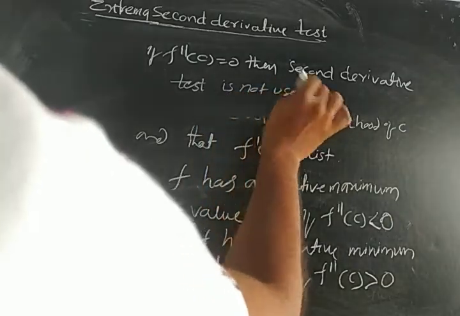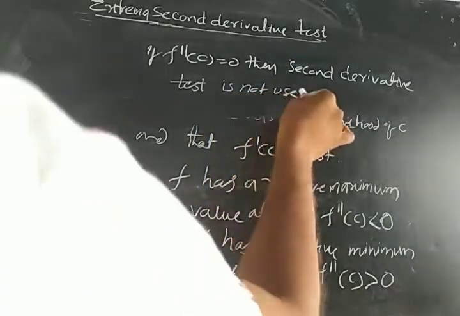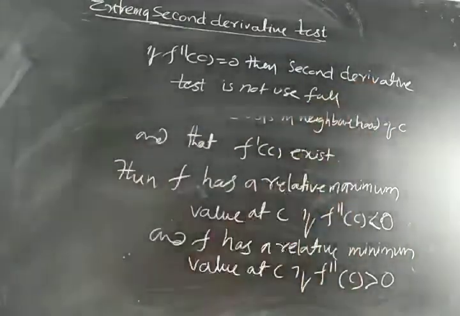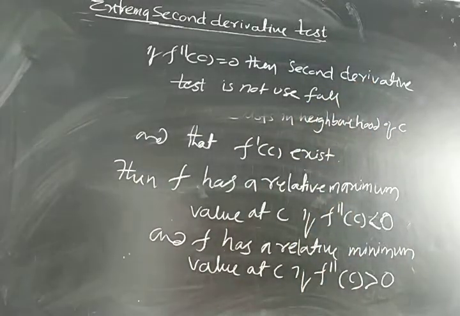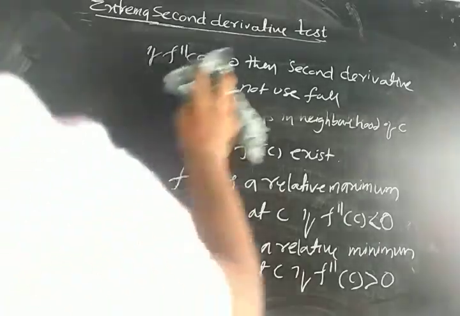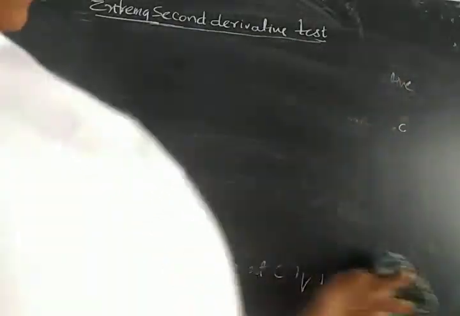At that time you have to go back to the first derivative. You can use the first derivative test to find the minimum and maximum, right? By increasing and decreasing we can identify where it is minimum, where it is maximum. Okay, right. Now let us do one example problem.